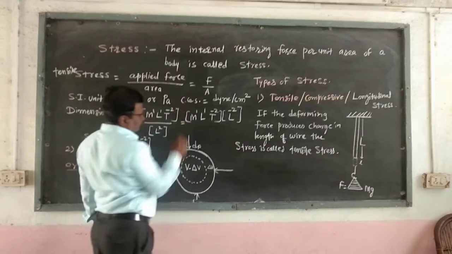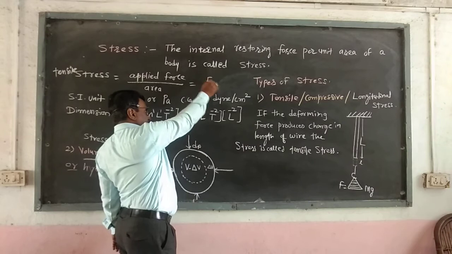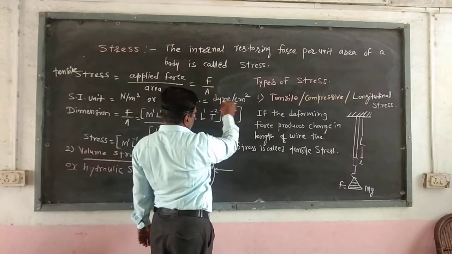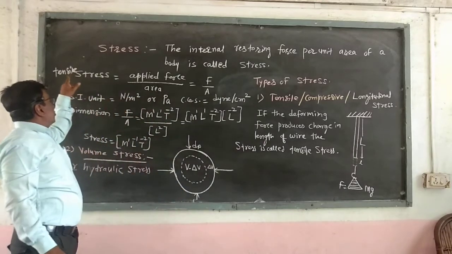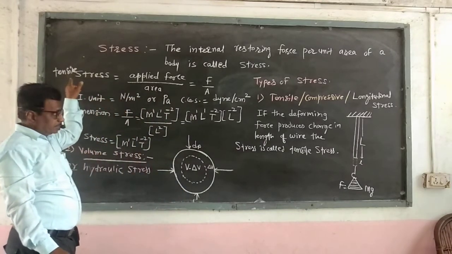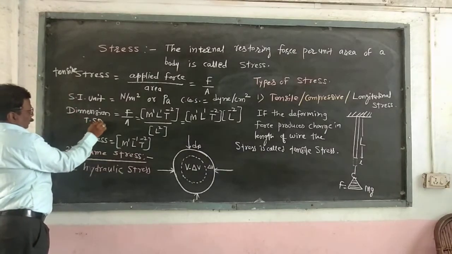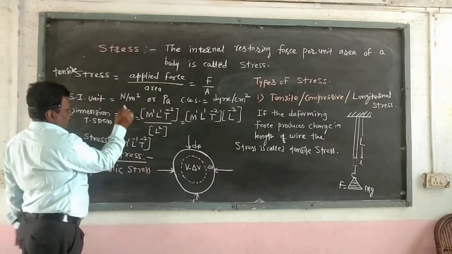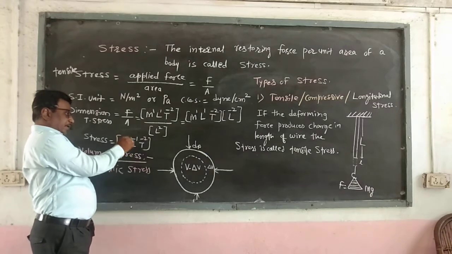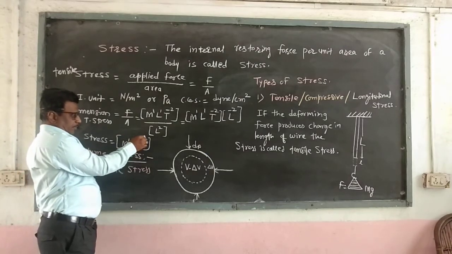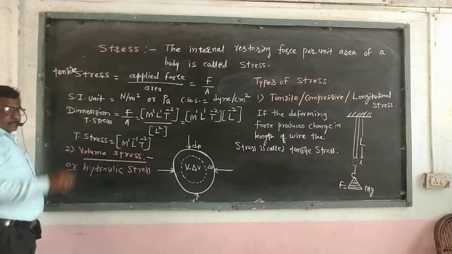CGS unit of tensile stress: we measure force in dyne and area in centimeter square, so dyne per centimeter square is again the CGS unit. Similarly, dimension of tensile stress is F upon A, so again we get the same term, M raised to power 1, L raised to power minus 1, T raised to power minus 2.